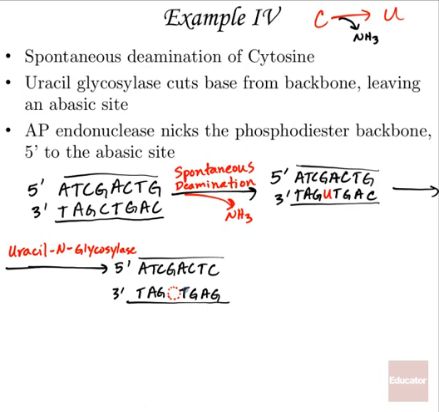The next thing that will happen is that we have AP endonuclease nicking the phosphodiester backbone, which is 5' to the abasic site.